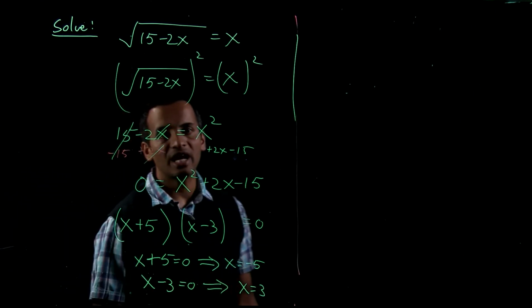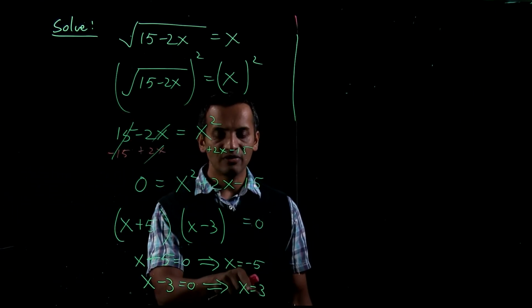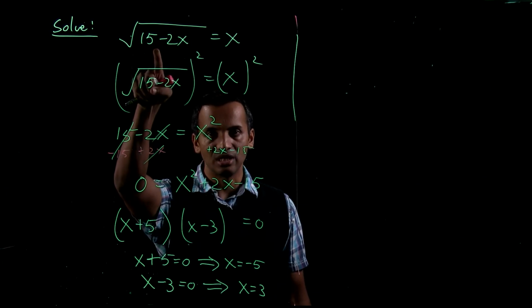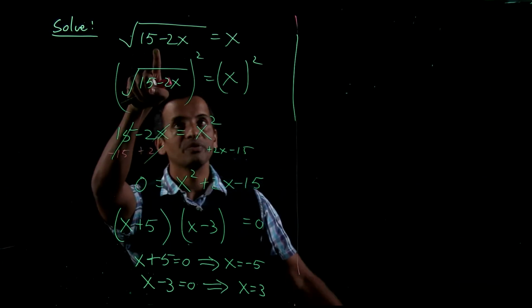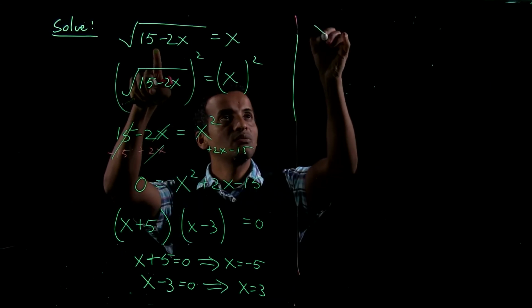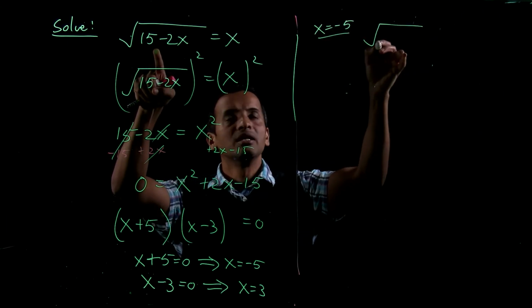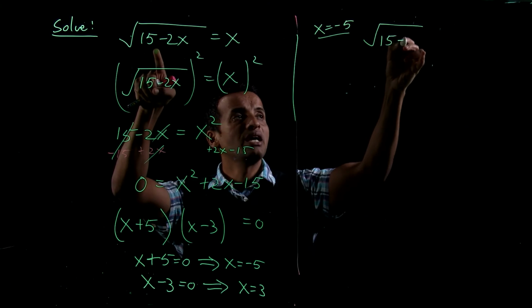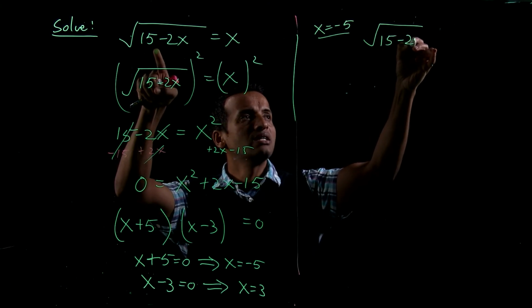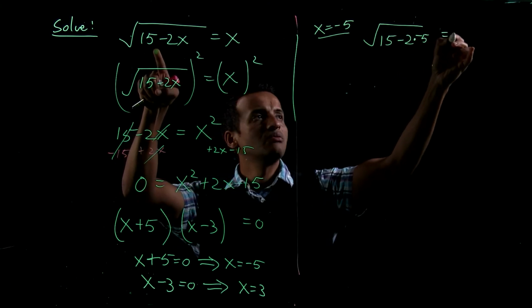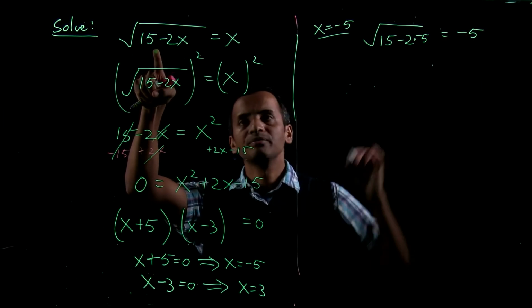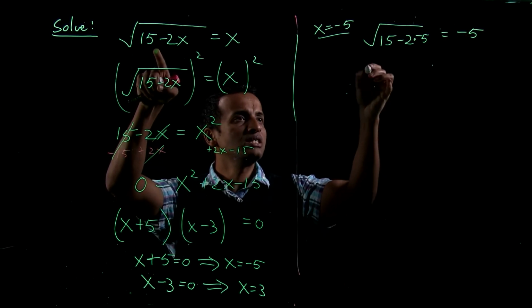We got two values of x, but do both values of x satisfy the given equation? Let's see. If you plug in x equals -5, what do you get? You get the square root of 15 minus 2 times -5 equals -5, correct? How much is that?